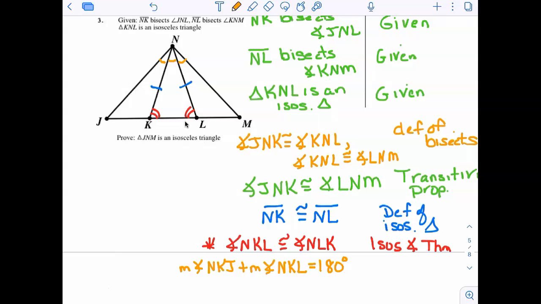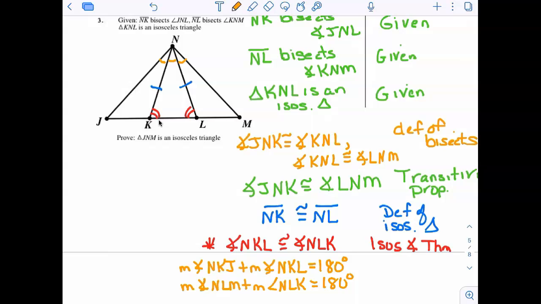And likewise, we can say that the measure of angle NLM plus the measure of angle NLK, this angle here, those total up to be 180 degrees.